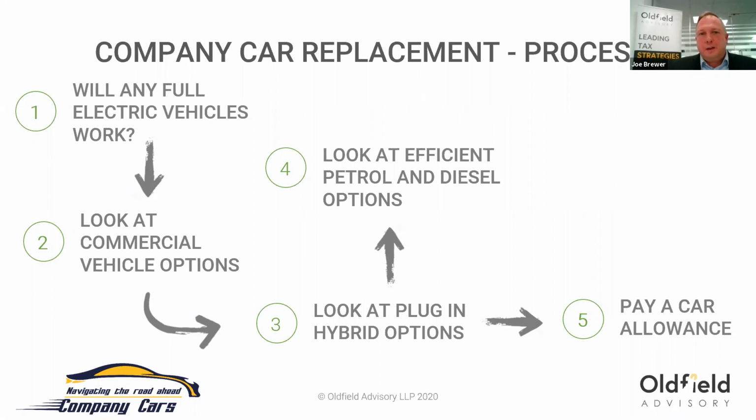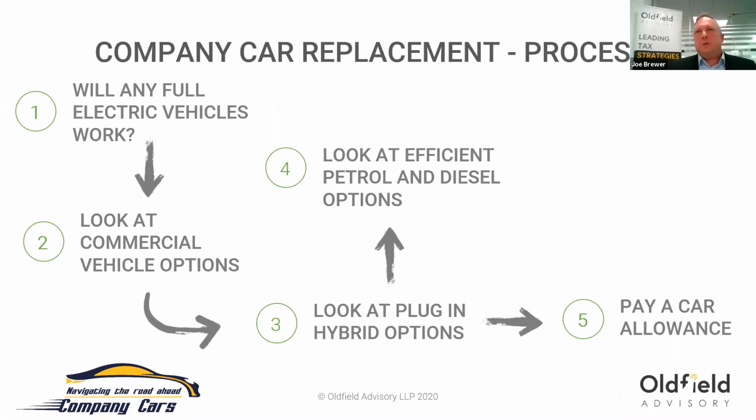Again, if a commercial vehicle doesn't fit, look at the plug-in hybrid options as a third port of call. And then, I think it's probably unlikely, but if a plug-in hybrid option isn't available in the kind of vehicle that you're looking at, obviously make sure that the petrol or diesel option is the most tax efficient that you can possibly get, or pay a car allowance.